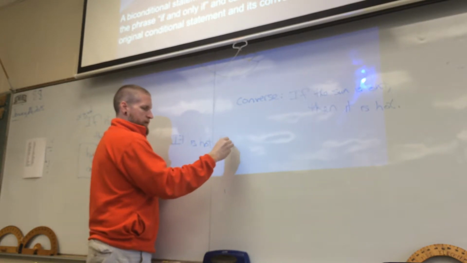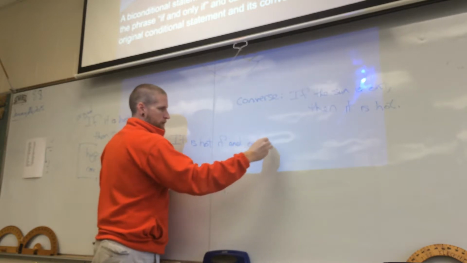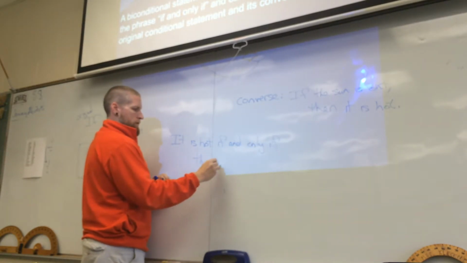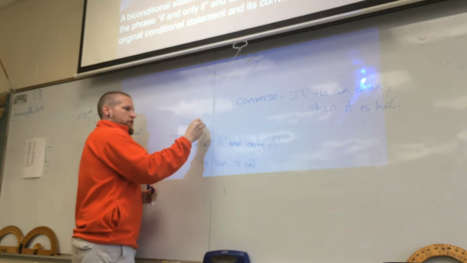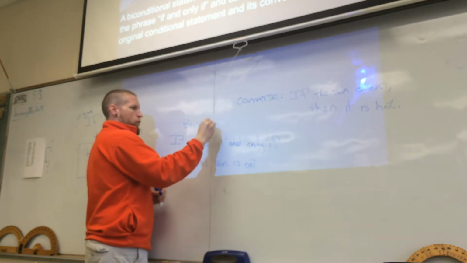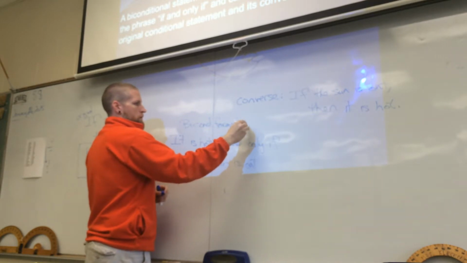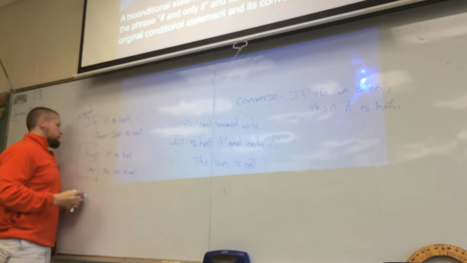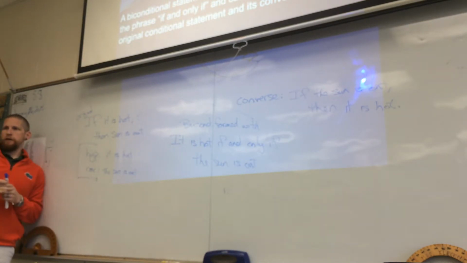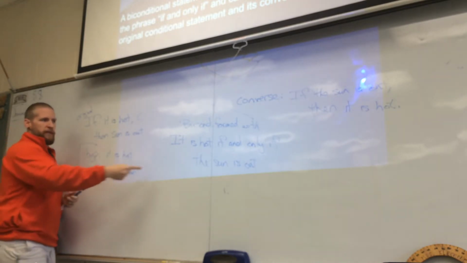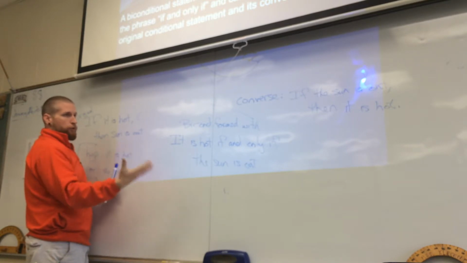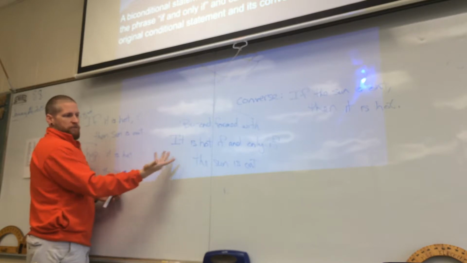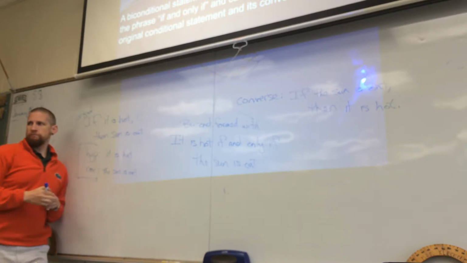So it would say, it is hot if and only if the sun's out. So this would be a biconditional formed with that original conditional statement. Now, it wouldn't make sense for me to do it here. This wouldn't really be a good statement to write in terms of us trying to prove things, because that's really not a statement that's always true, is it?